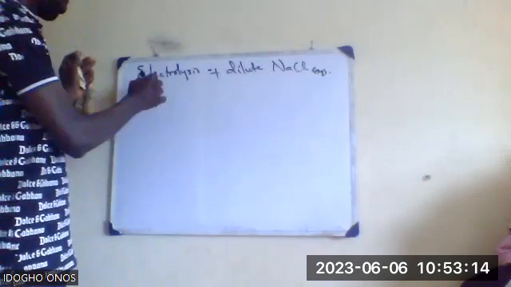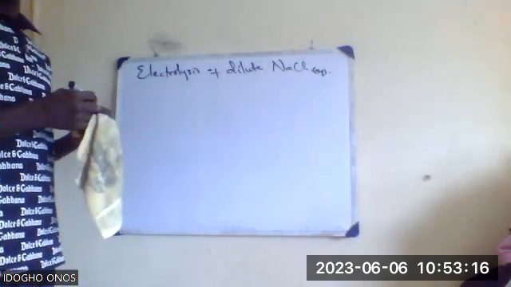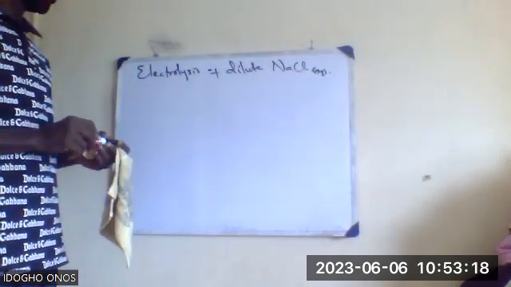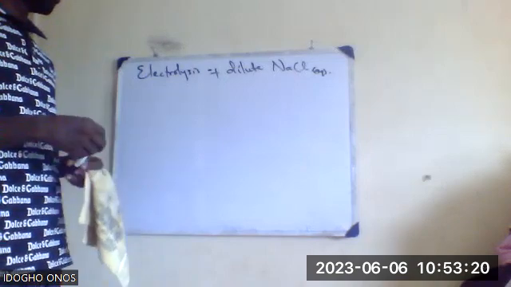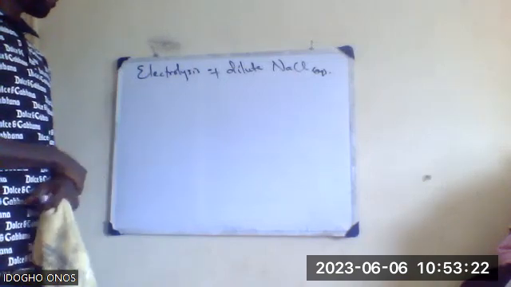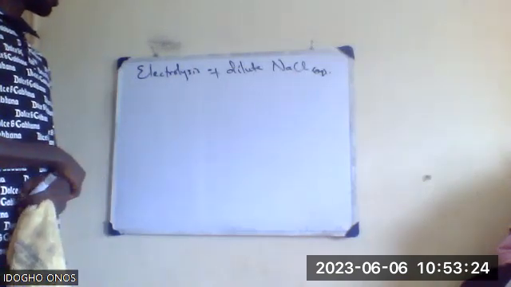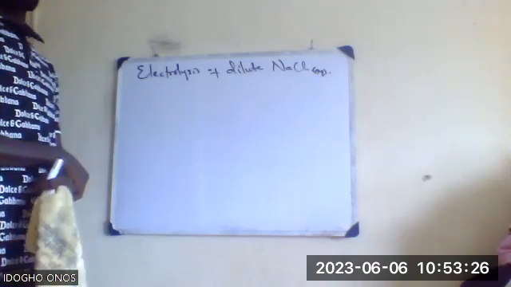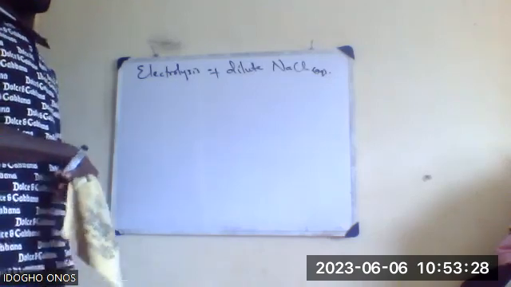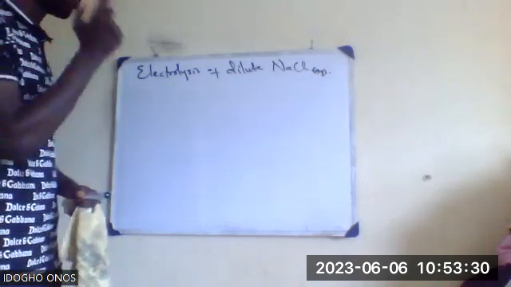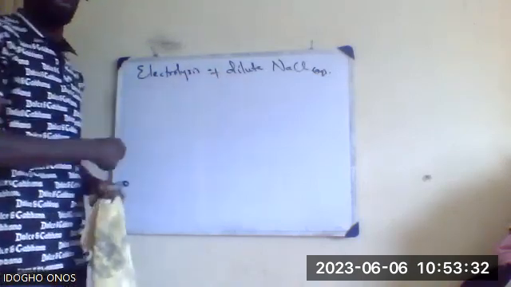The product at the anode and cathode will be what, madam? At the cathode, you have your hydrogen gas. Yes. And at the anode, you have your chlorine gas. No, this time around it will not be chlorine gas because it is dilute.